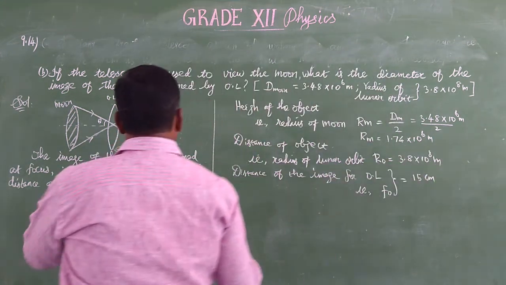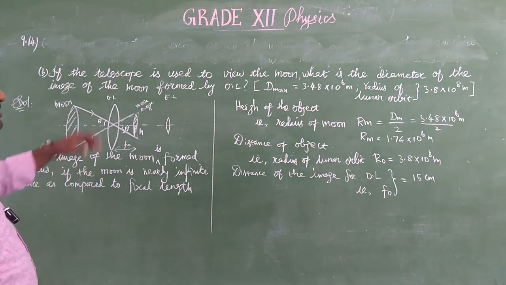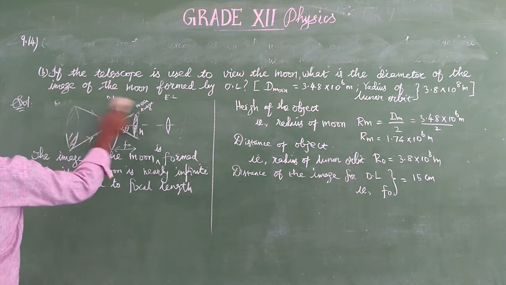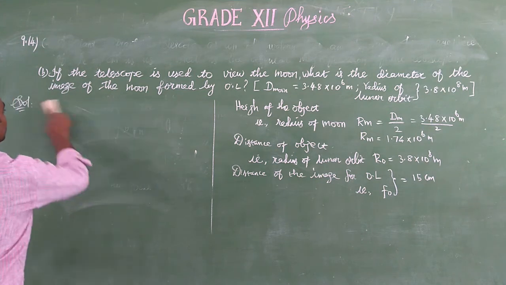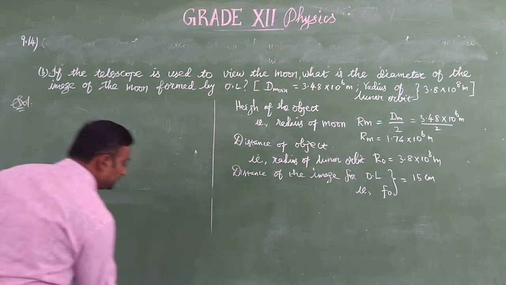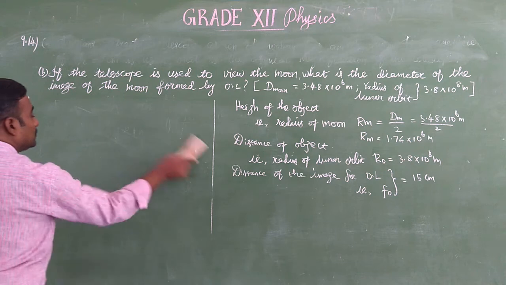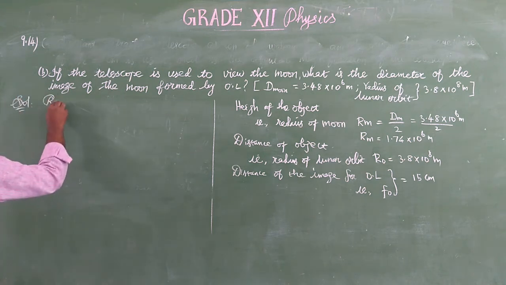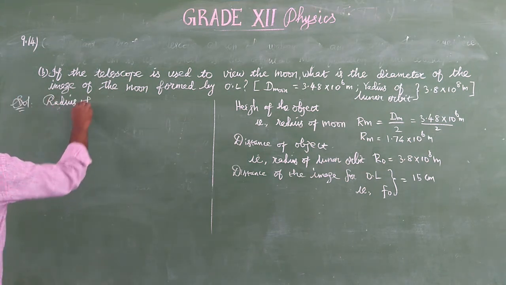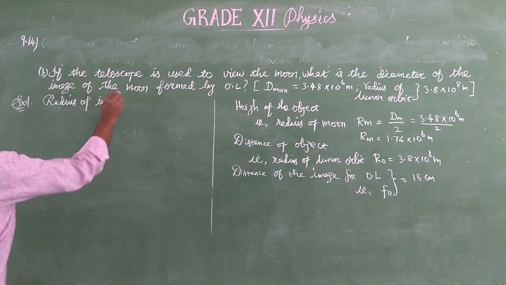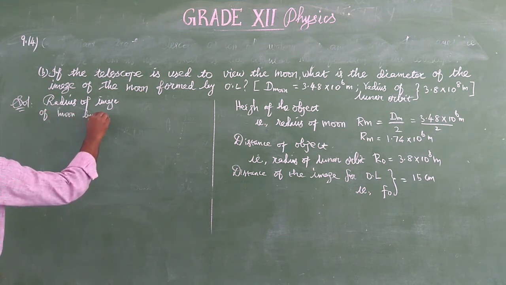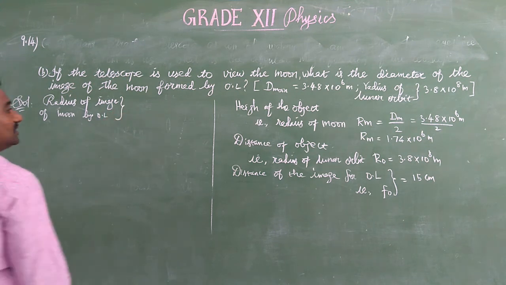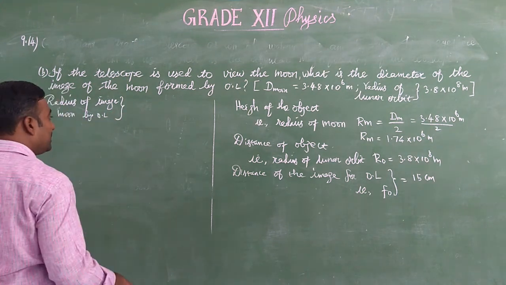So first we want to find the radius, the radius of the image of the moon by objective lens, so that we want to determine, so we can make a tangent.